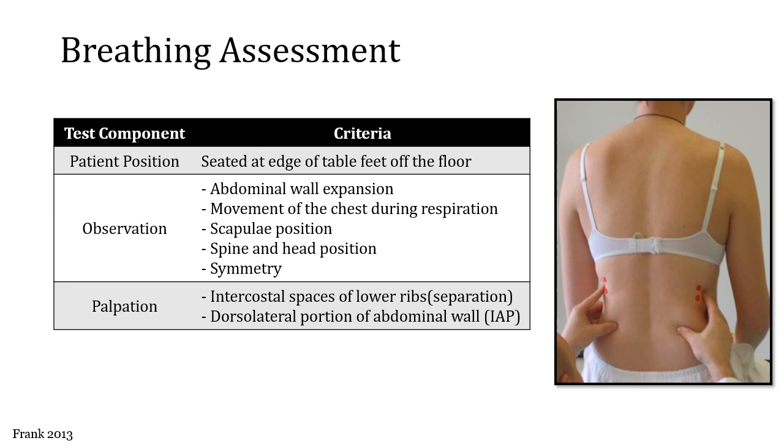Abdominal wall expansion, movement of the chest during respiration, scapular position, and spine and head position, as well as symmetry of these body parts and body regions are observed. Gentle palpation of the intercostal spaces of the lower ribs and separation are monitored, and you're gently feeling for tension with an expansion of the posterior lateral wall of the abdominals.